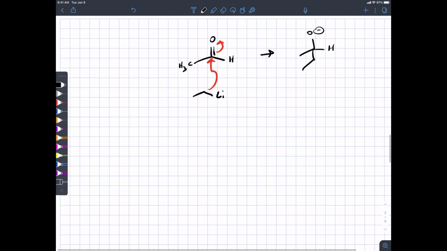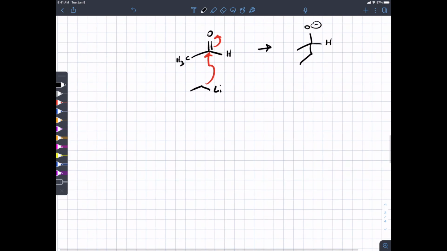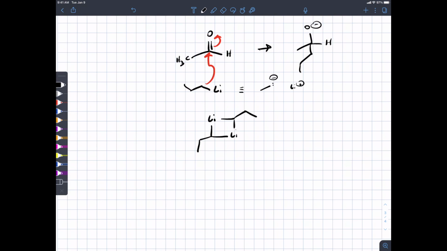I don't recall when we first introduced organolithium reagents, I said you could think of them like carbanions, but the reality is somewhat more complicated. So I think many of these organolithium reagents tend to aggregate, and so you end up with weird structures like this.